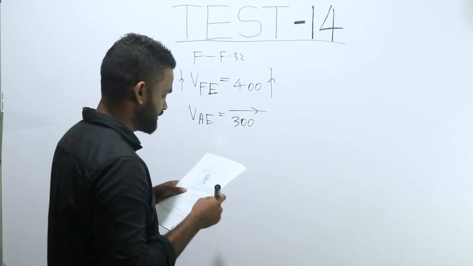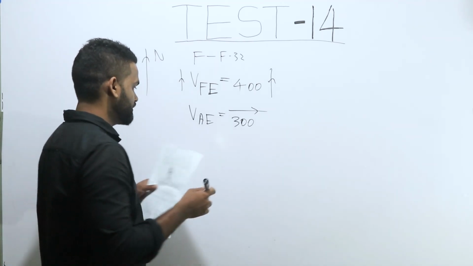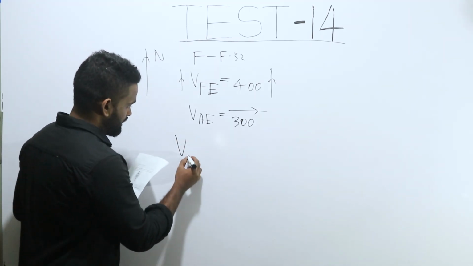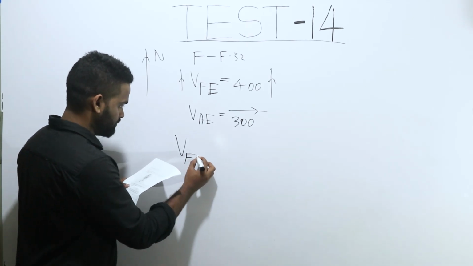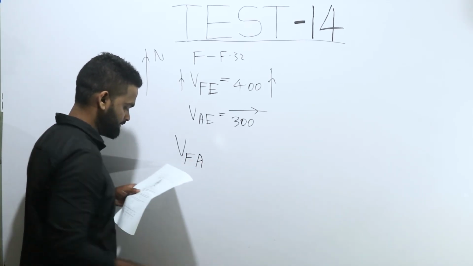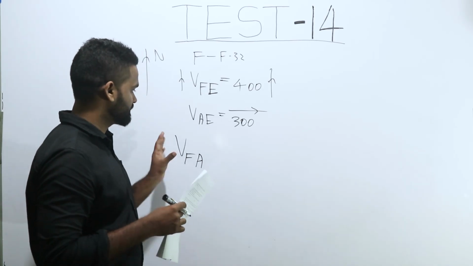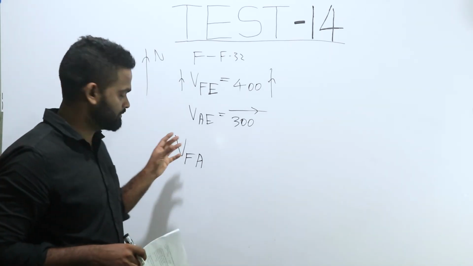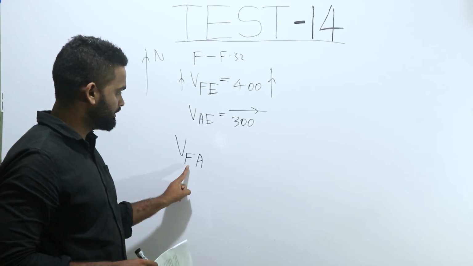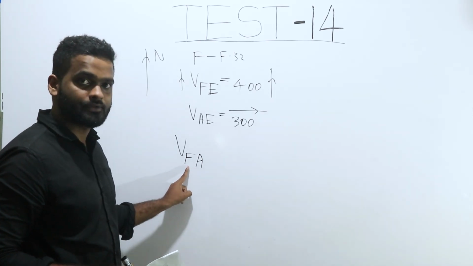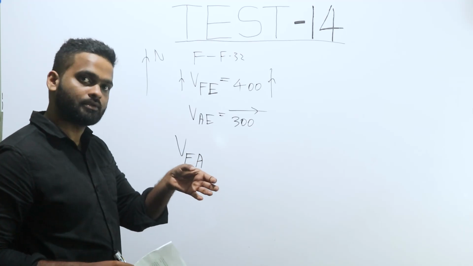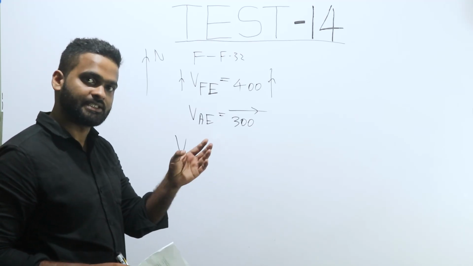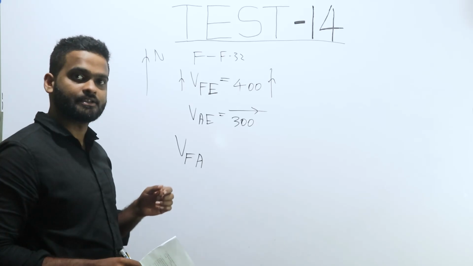So what they ask is direction of velocity of F-32 relative to H-64. So what they ask is the direction relative to A, velocity of F-32. So this is the direction that someone on a helicopter would see that jet is moving.